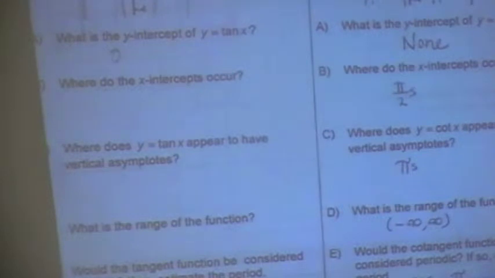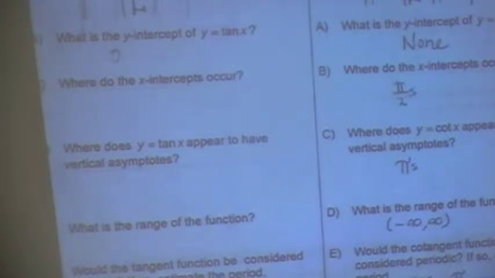Things to look for when you are going to have to identify these graphs. I'll tell you what's coming up in the next week or so. We're going to be given word problems, and it'll create a graph, and you're going to have to figure out which function works best. Well, one of the ways that you know you're going to use tangent versus cotangent: tangent passes through the origin.